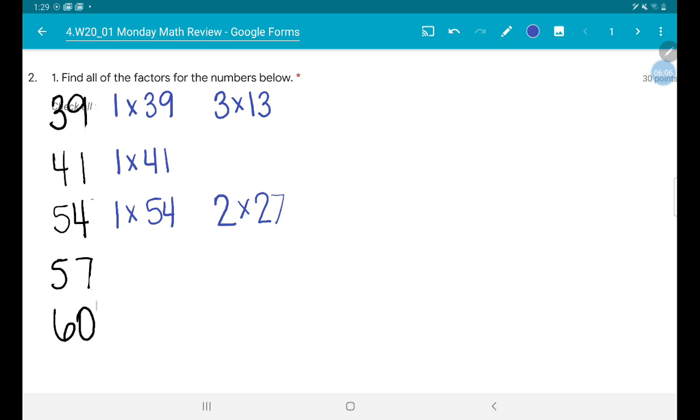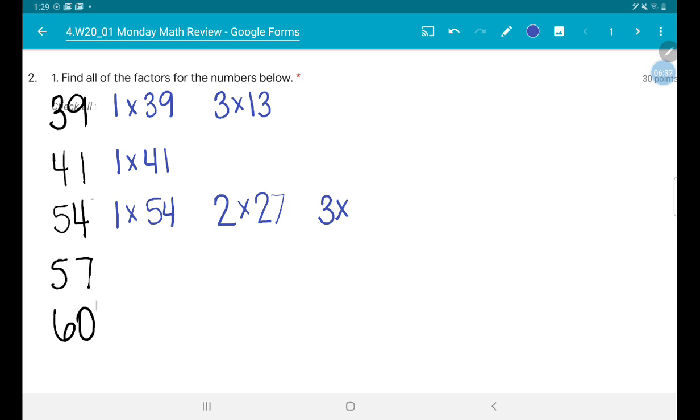So we need to check 2 and 27. All right. Is 3 going to be a factor of 54? Okay. 3 times what? Let me see here.